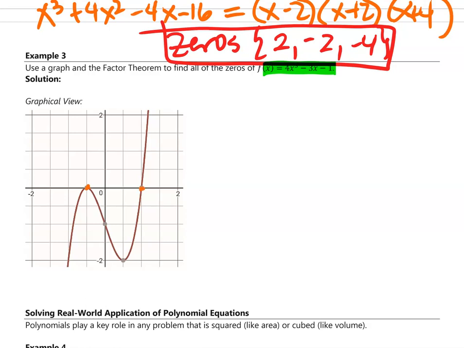That is, if this is -2, this is -1, so this is -0.5, and this is at 1. So this point is the coordinates -0.5, 0, and this point here is 1, 0.